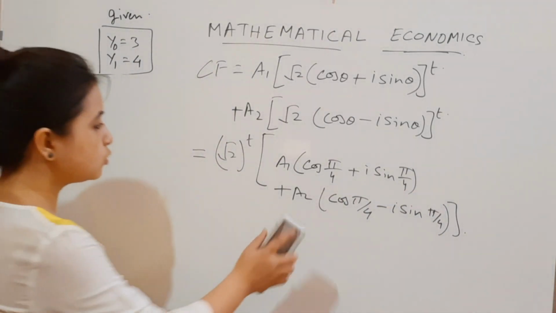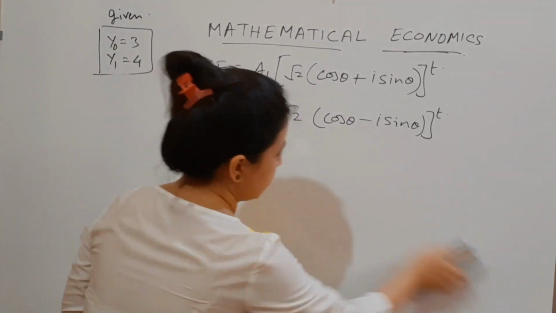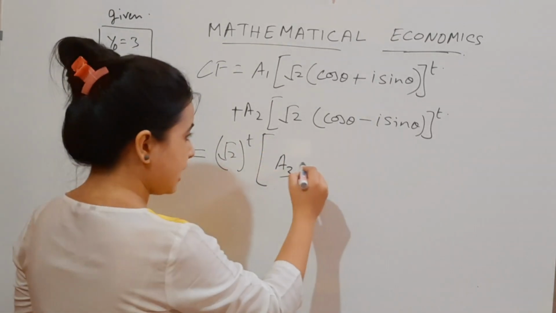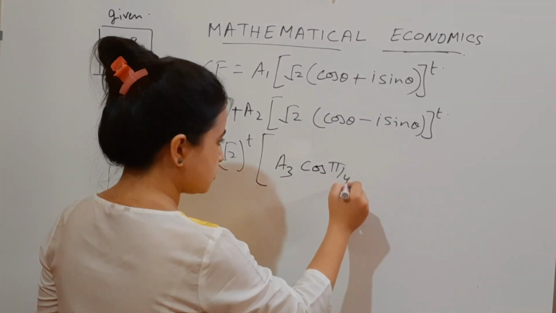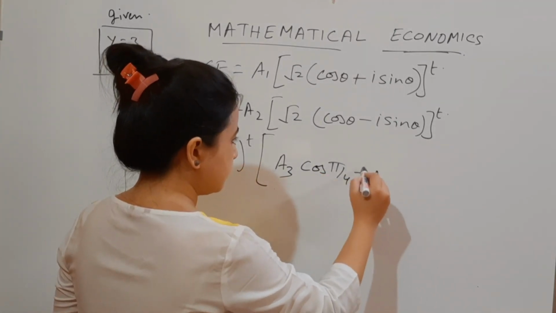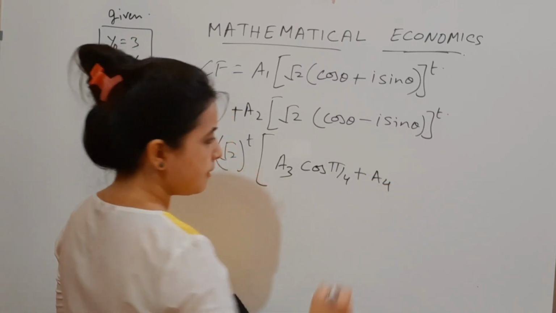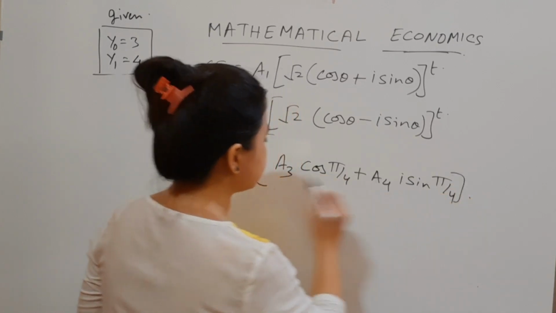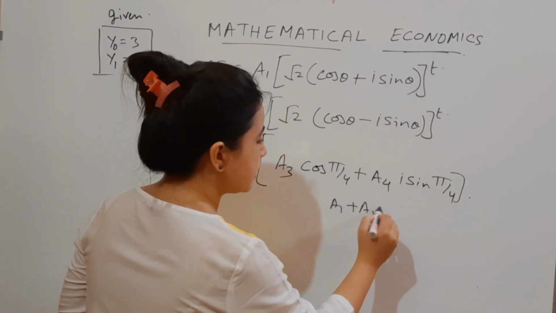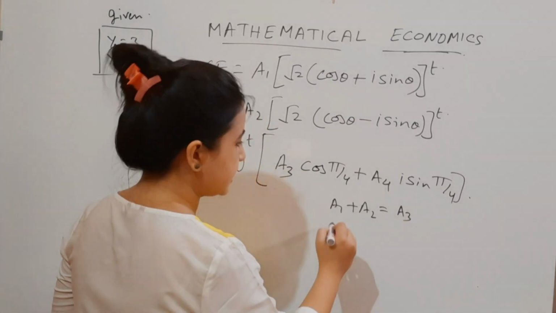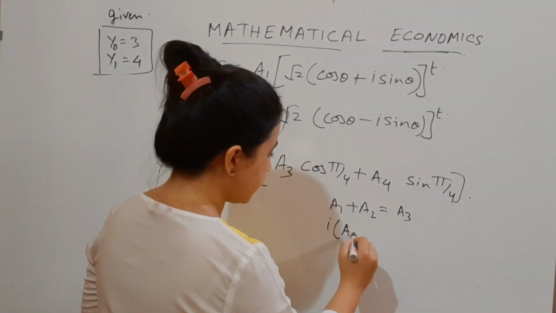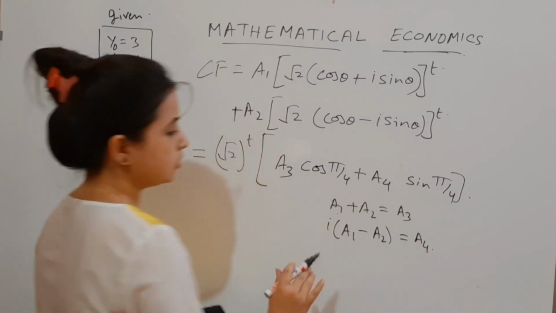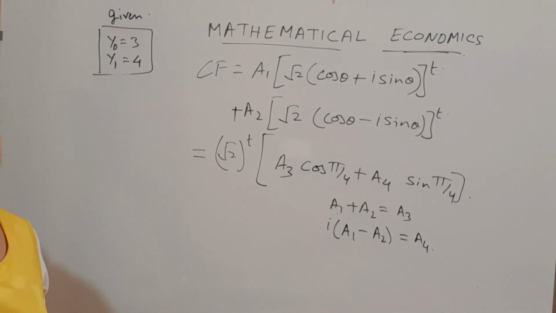I am skipping that part and simply jumping to the next part, that is, I am representing A3 as the coefficient of cos pi by 4, and A4, the coefficient of i sin pi by 4. What I did, A1 plus A2, I am representing as A3, and A1 minus A2, I am representing as A4. This is the transformation that I have done.